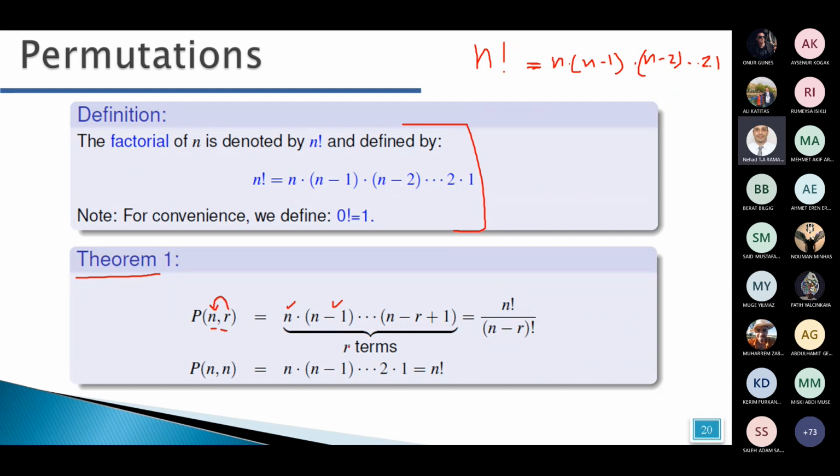How many terms do we have here? r terms. So if r equals 3, then it's n multiplied by n minus 1 multiplied by n minus 2. If r equals 4, multiply by n minus 3, and so on.